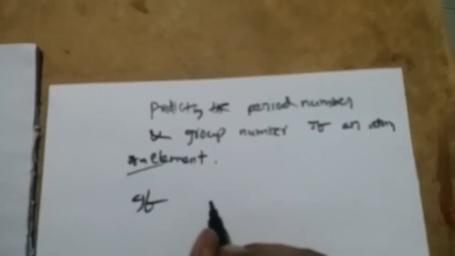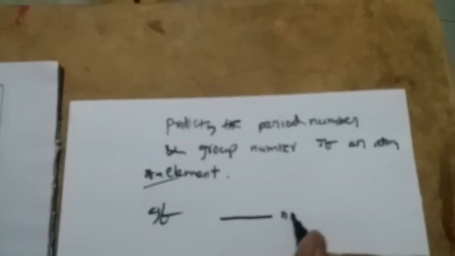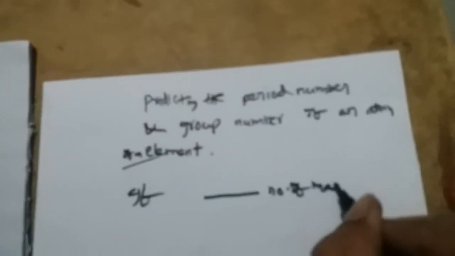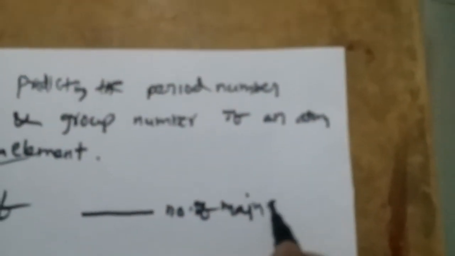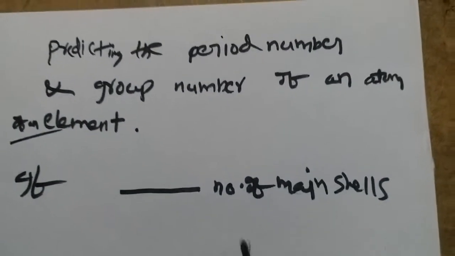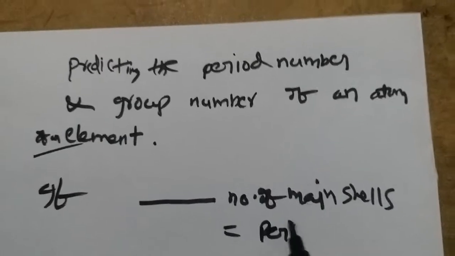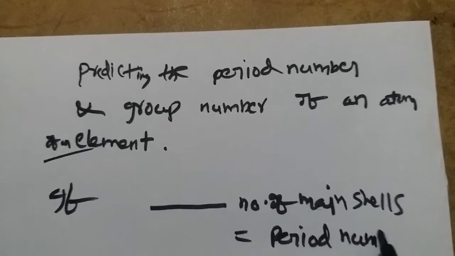If we write the electron configuration of an atom and calculate the number of main shells, that is equal to the period number.